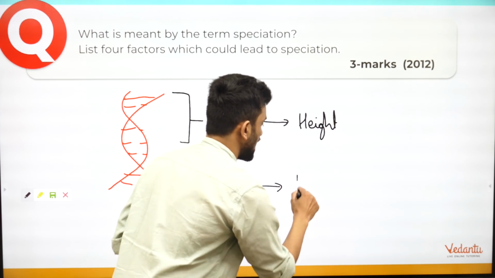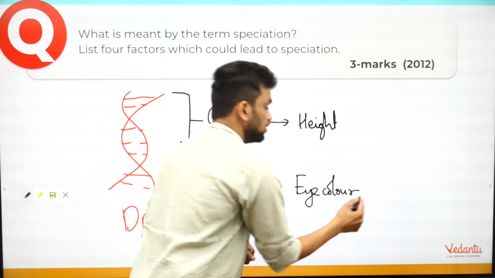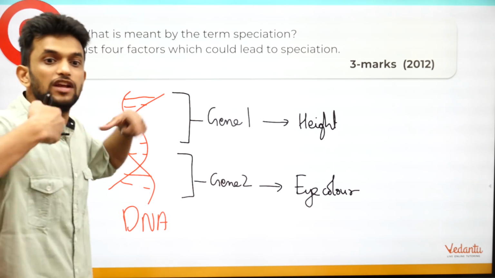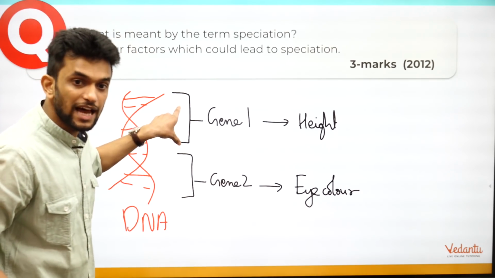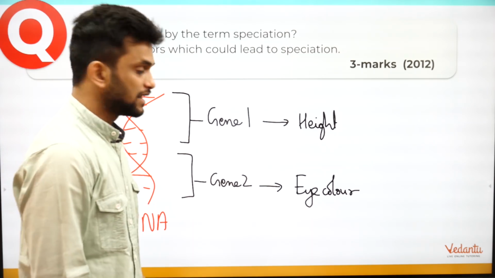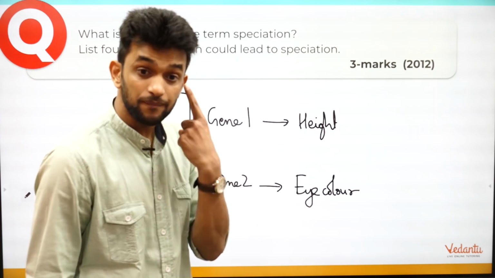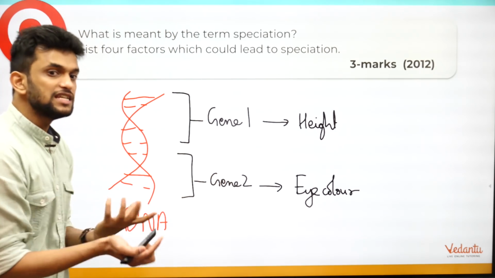This has a character, eye color. Which means this part of my DNA will decide what will be my height, and this part of the map will decide what will be my eye color. Are you able to follow? I want you to understand what a gene is basically.